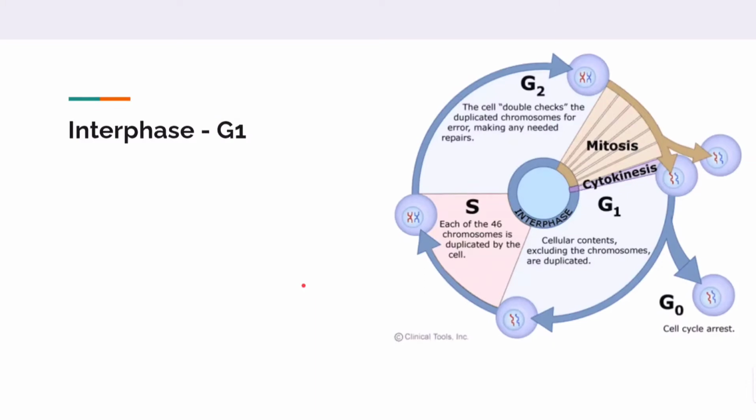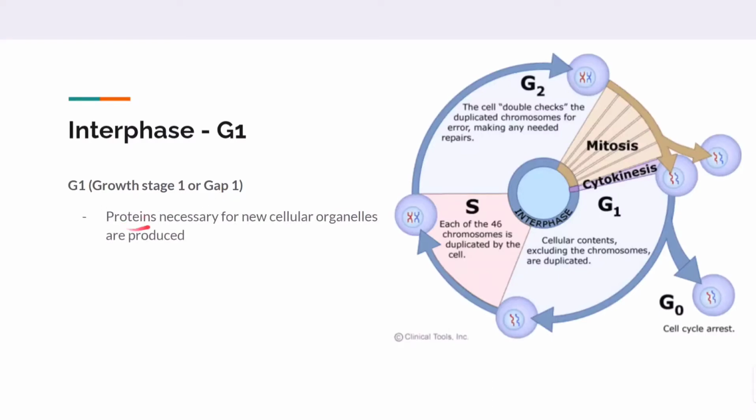So our first section is in interphase, and this is G1. You can see that here, it's the first section of the cell cycle in interphase. G1 stands for growth stage 1 or gap 1. In G1, the proteins necessary for new cellular organelles are produced, because we know that for our cells to replicate, there needs to be twice as many organelles, so each cell has its own set of organelles, so proteins necessary for this have to be produced.